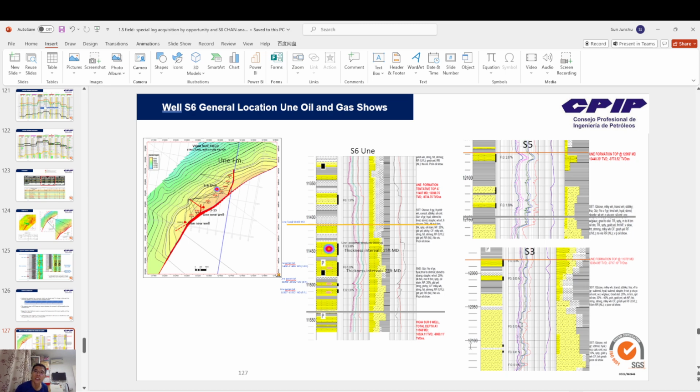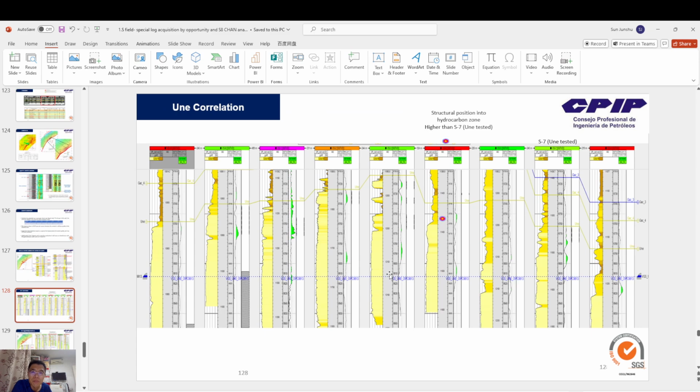S6 general location in Wuni and oil gas show. S6 in Wuni, thickness in the upper part is 15 feet, lower part 23 feet. This is the Wuni correlation, structural position in the hydrocarbon zone.